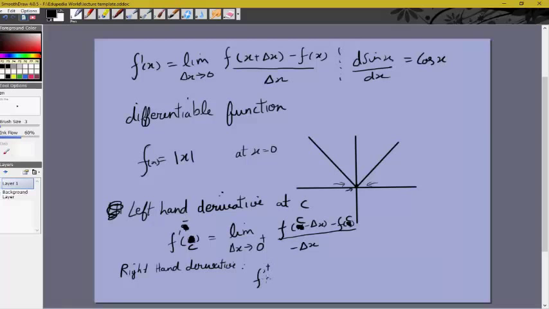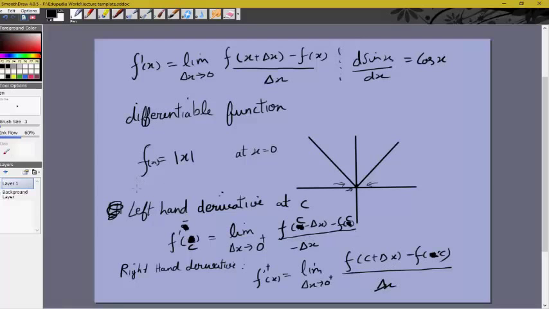F dash plus of c, which means the right hand limit is, now notice in both cases delta x goes to 0 plus, and because there's a minus sign in the first one, we've ensured that the first one is the left hand limit where we go from the left, and the second one is the right hand limit. Minus f of c by delta x.